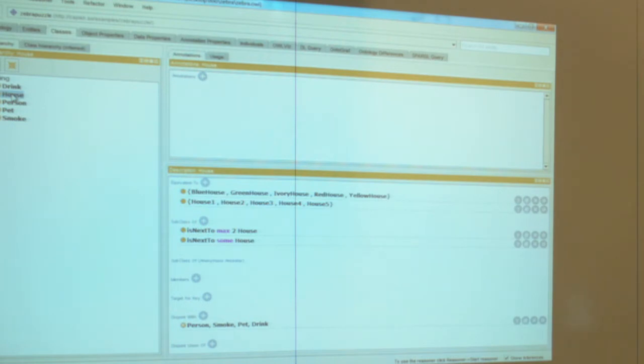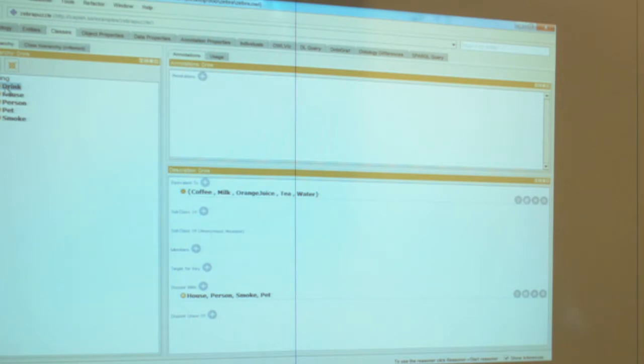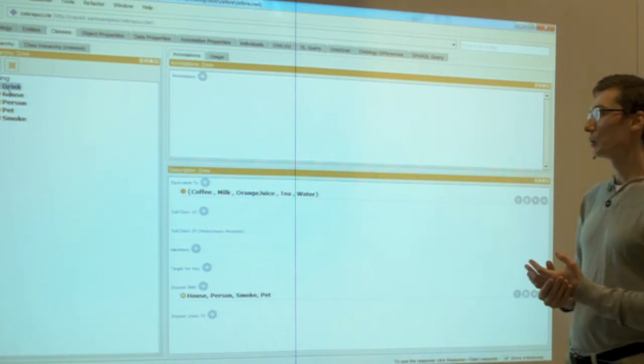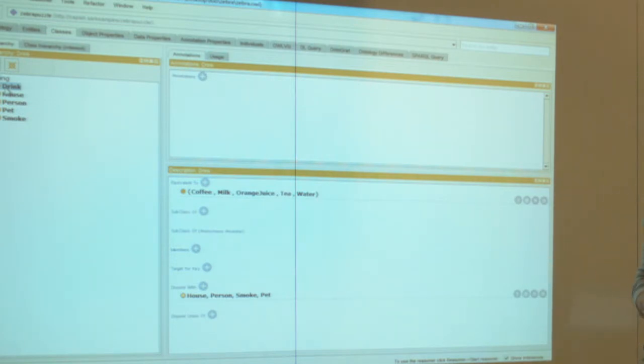Now, what is a drink? We know that there are 5 drinks. How do we define it? It turns out in OWL you can define individuals.